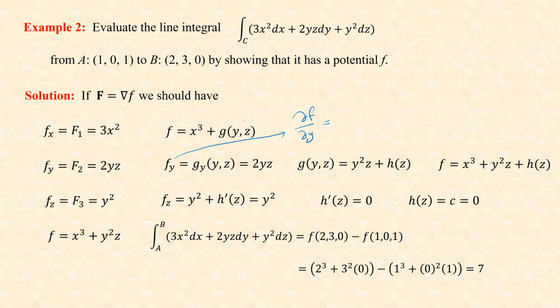The derivative of x cubed is 0, so it becomes the derivative of g with respect to y. That's what this means. We said that the index y means the partial derivative with respect to y when you have multivariable functions.